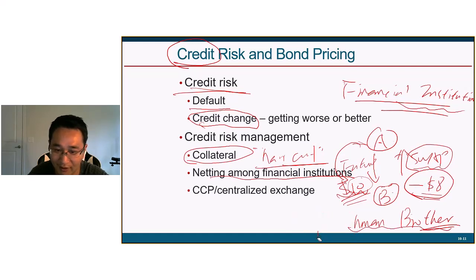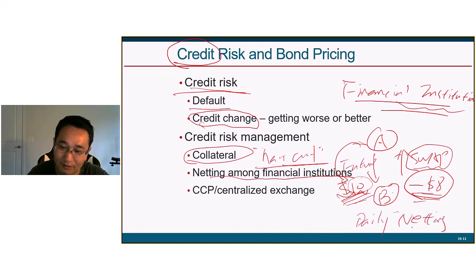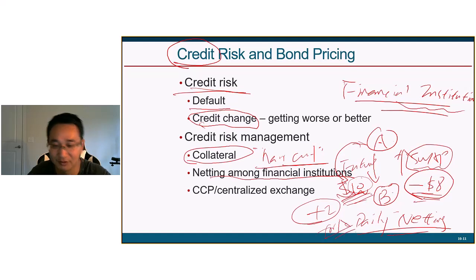So that's why they have this idea of netting. Let's do a daily netting. Every day they will look at their position with each other. It seems they have only a $2 position for A. So they will say, we are clear, we have only a $2 position right now, let's just manage it.